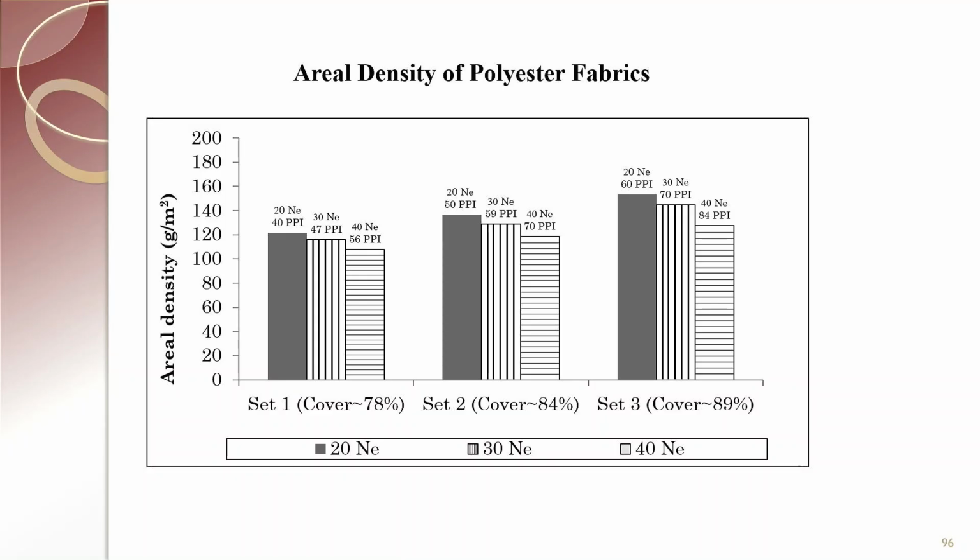Now, if we see the areal density, we are keeping the cover factor the same, not the areal density. So, areal density is reduced with the increase in yarn count. As yarn becomes finer, areal density reduces.